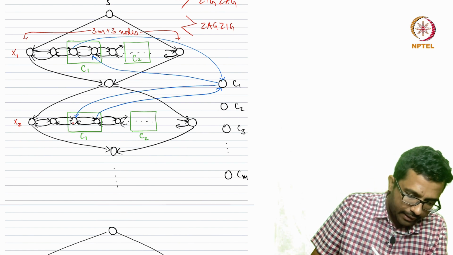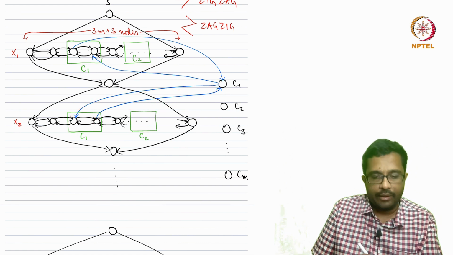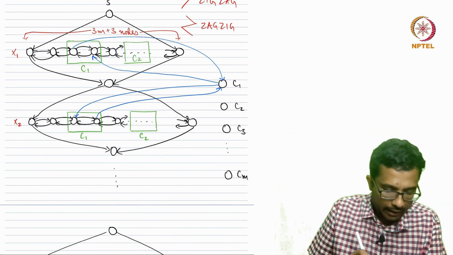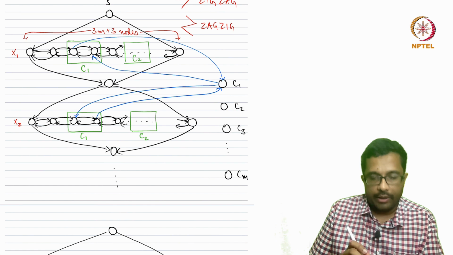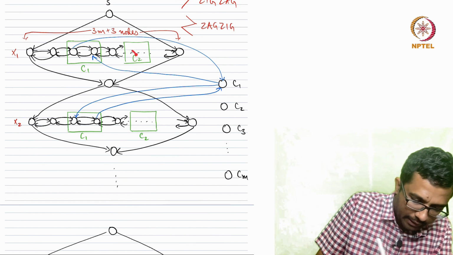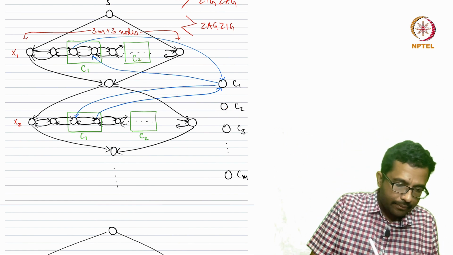The first vertex is receiving a directed edge from C1, and the second vertex is sending a directed edge to C1. Now if x1 appeared in clause 2, you would connect something like this.